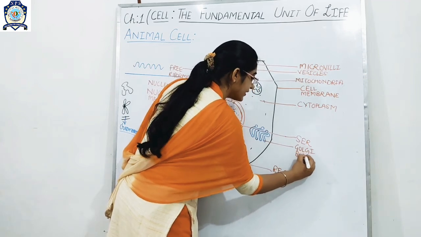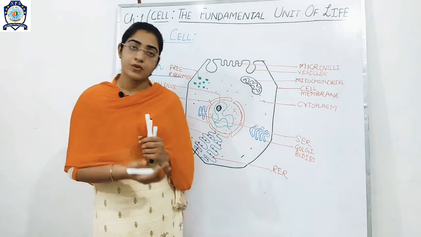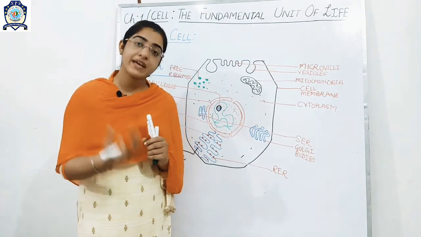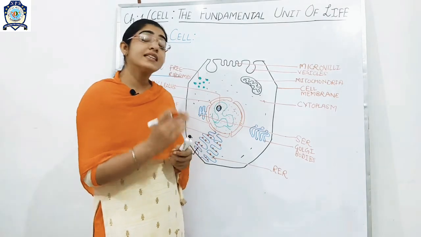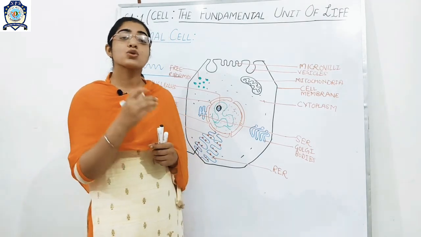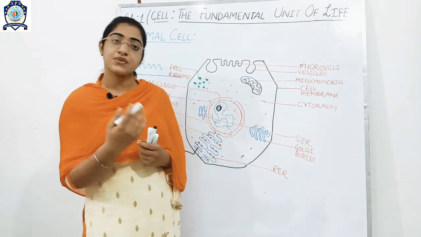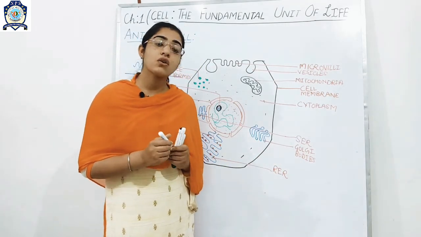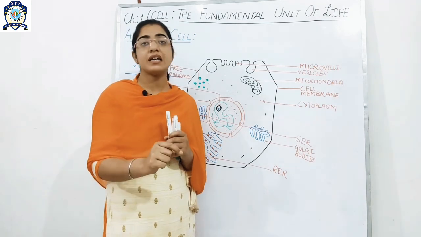What do the Golgi bodies do, students? What do ribosomes do? Ribosomes form protein. Means ribosomes make protein, ribosomes synthesize protein, and this protein is stored by the Golgi bodies. As we have studied, the function of the Golgi bodies is the storage of the protein.